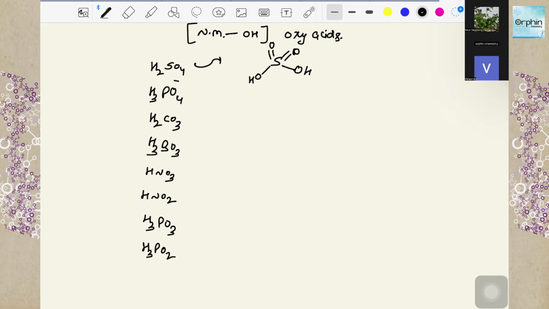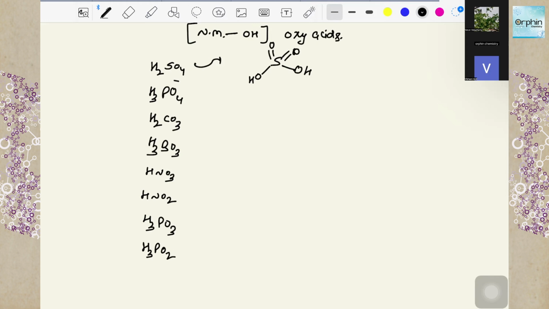Third period and onwards elements can expand the octet, means as many electrons are there in the valence shell, that number of bonds they can make because they can unpair the electrons, right? Six electrons are there total in the valence shell. So as many unpaired electrons are there, that many bonds can be formed.